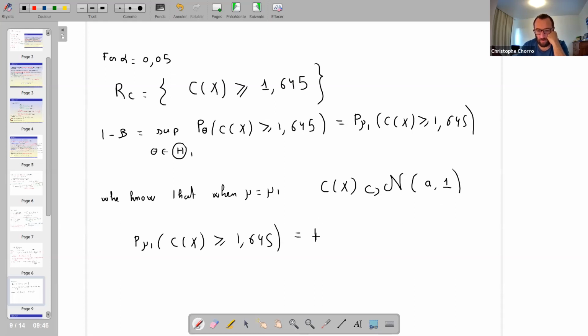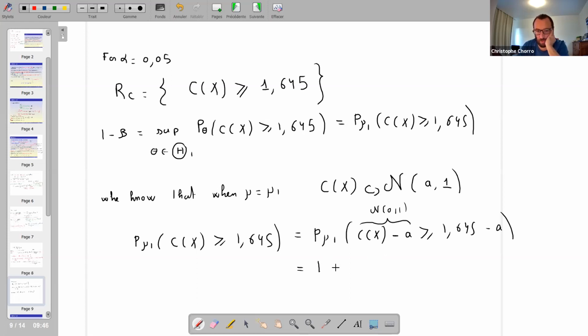If I want to use the table of a Gaussian, I can write it this way: C of X minus its mean greater than 1.645 minus A. This one can be obtained from the table of a Gaussian distribution in the following way, because here you now have this one that follows N(0,1) when mu is equal to mu1, because I have subtracted its mean.